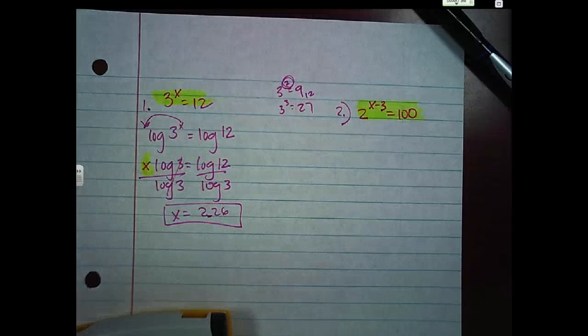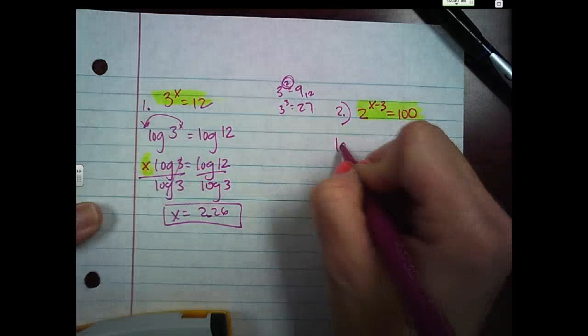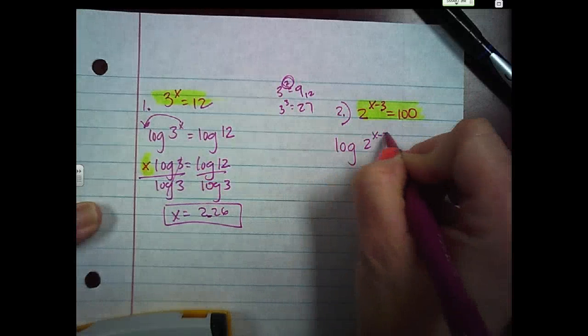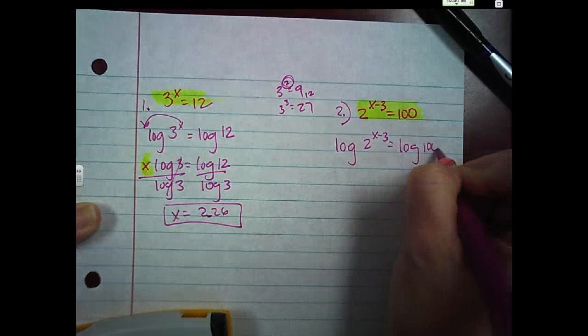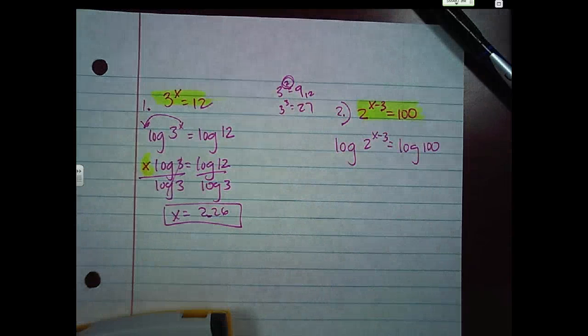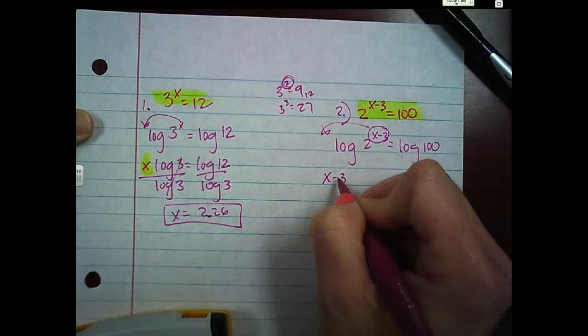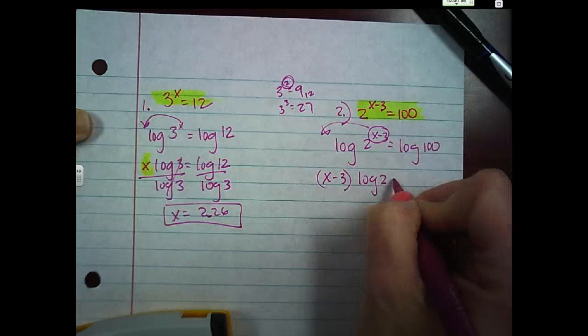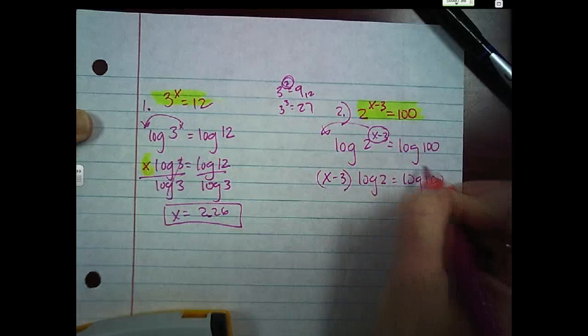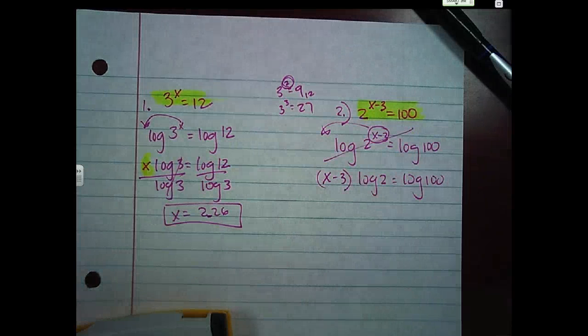Okay, you don't have to actually write log 2 to the x minus 3 equals log 100. If you notice that what's going to happen is this gets pushed in front, so really what you end up with is this. And if you want to skip that step and go straight to the third, that's fine with me.